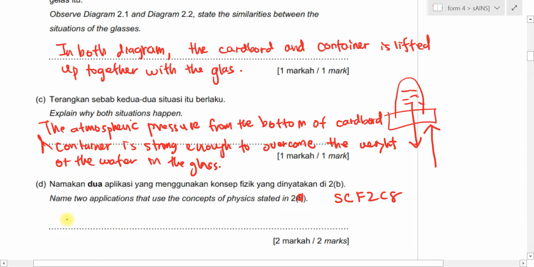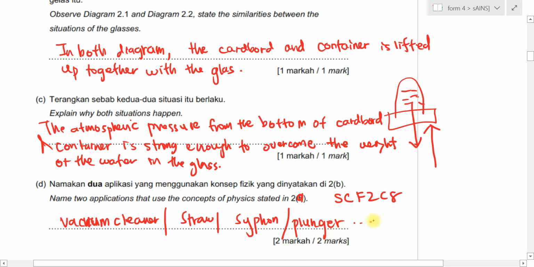Examples: vacuum cleaner, and then a straw, siphon, and what else? Rubber plunger, rubber sucker, and so on. Anything that is related to atmospheric pressure will be accepted here.